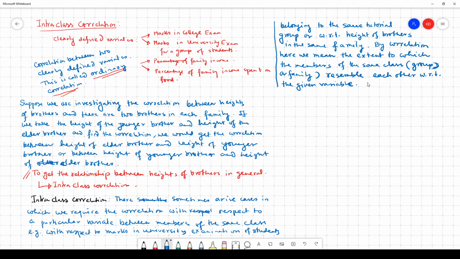Such a correlation is called intraclass correlation.